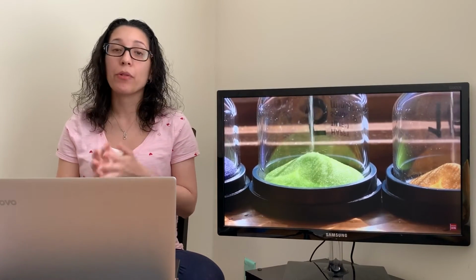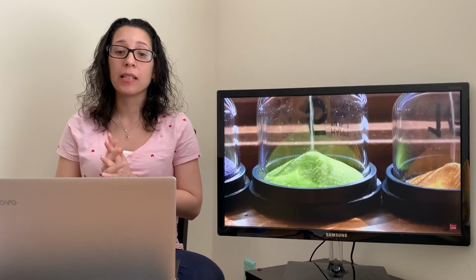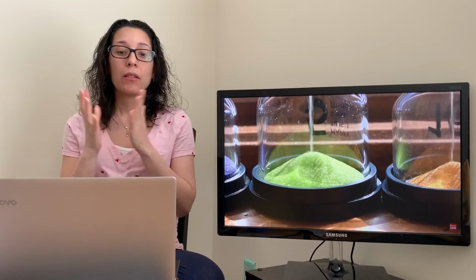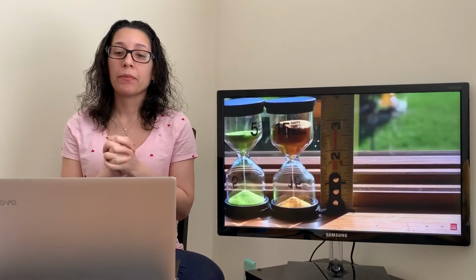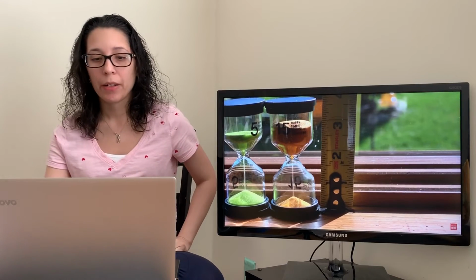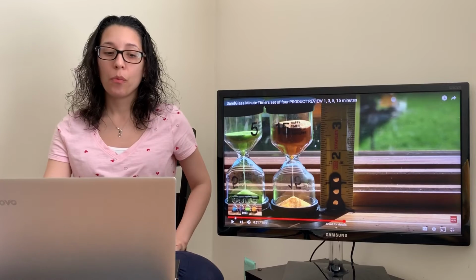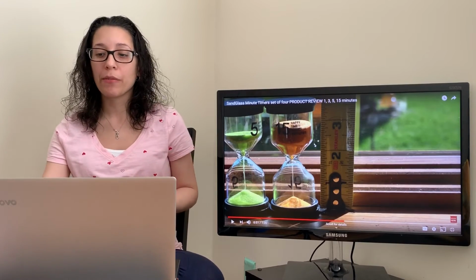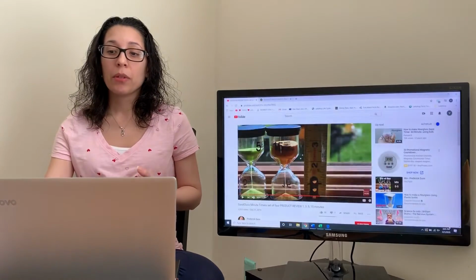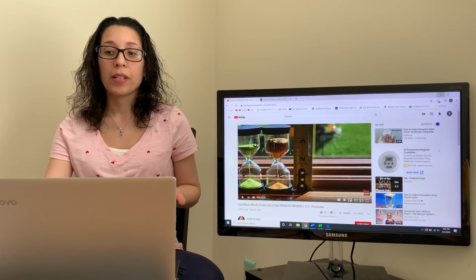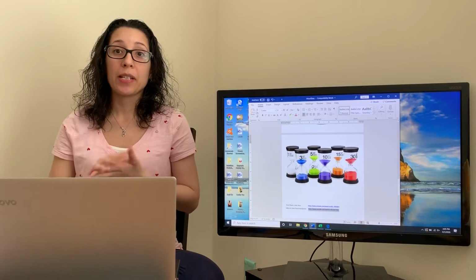Okay, and like I said before, they're made of plastic, they're made of glass, and you can use different types of sand. Okay? Alright. So, what are some things that we can use the sand timer for? One example I gave you guys is when we want to take turns.